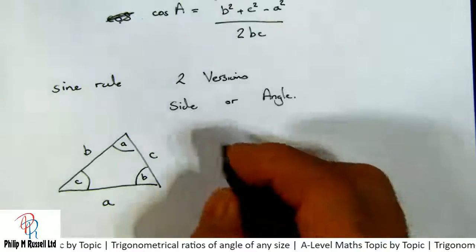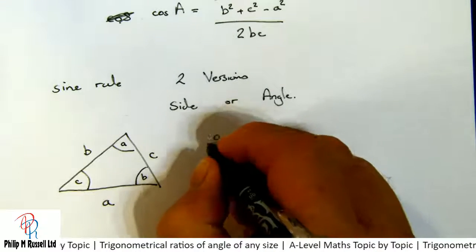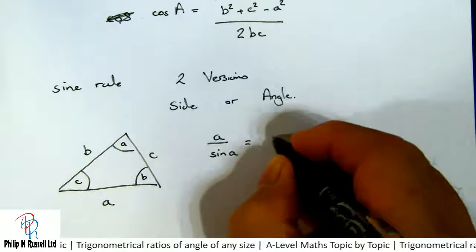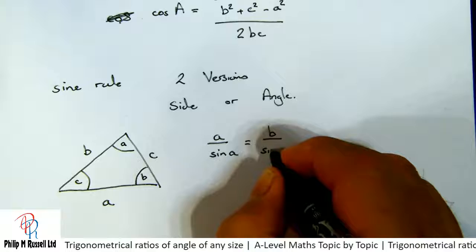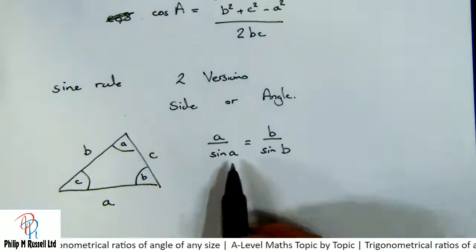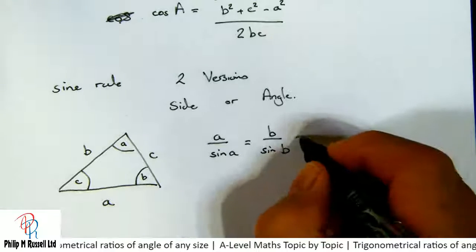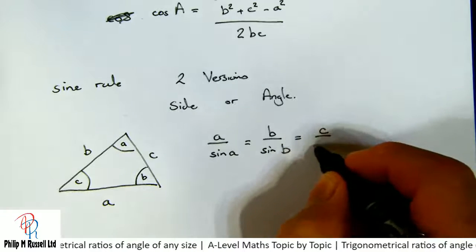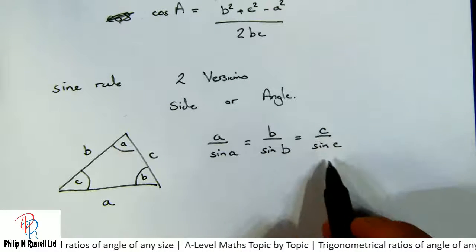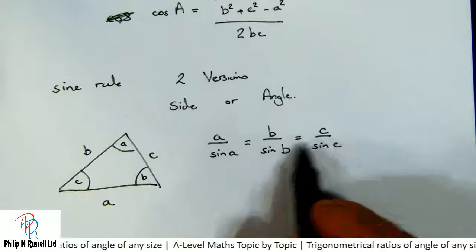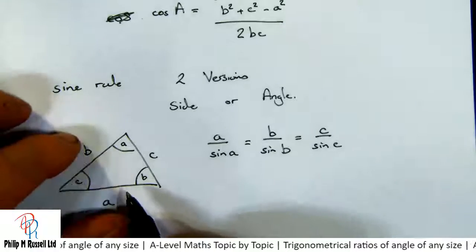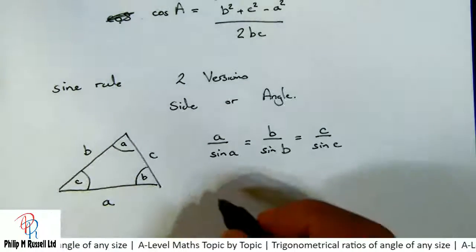Now, the sine rule is A divided by the sine of A equals B divided by the sine of B. Similarly, we've got C over the sine of C. The side is equal to, if you like, a ratio, a proportion of the angle. The wider the angle, the larger the side's going to be.